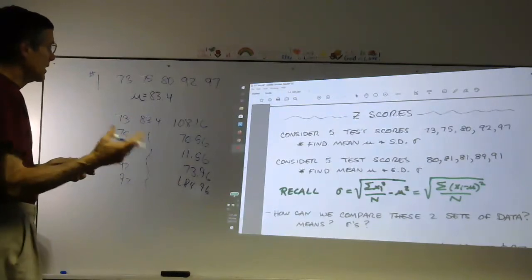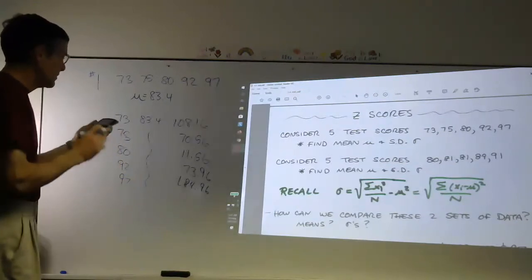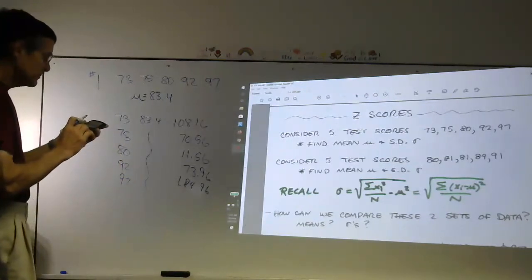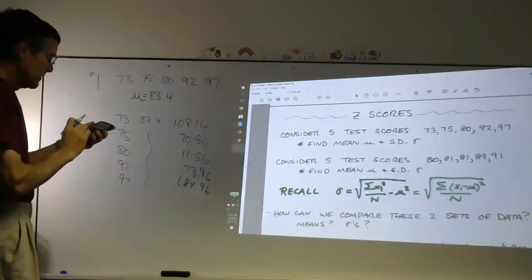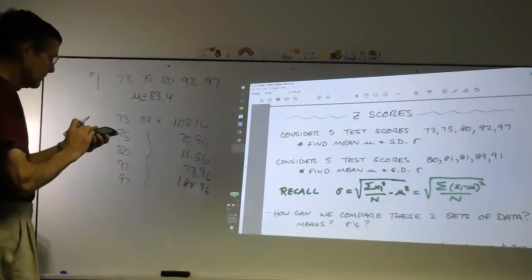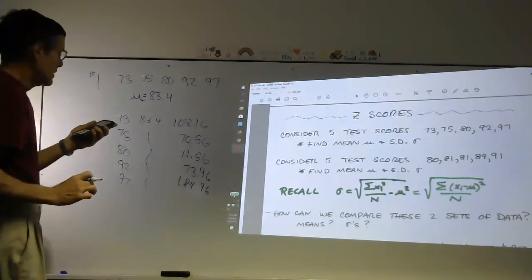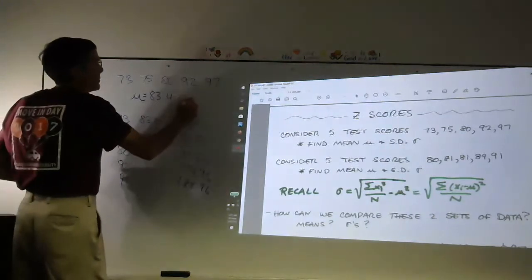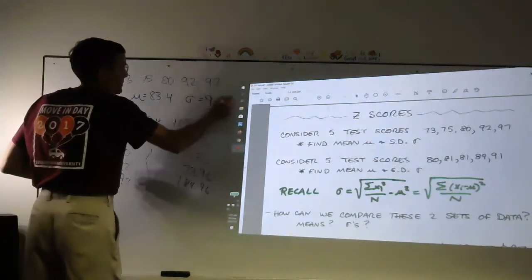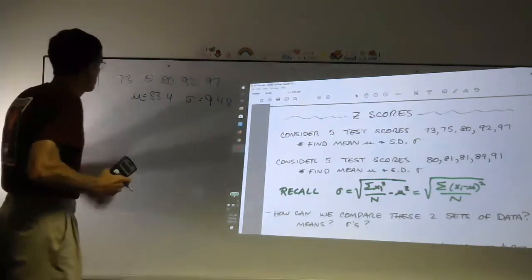You divide by not one less. It's not a sample, this is a population, so we're going to divide by 5 and take the square root of that answer. And I get 9.48. So I know sigma is 9.48. Okay? Standard deviation of a population.